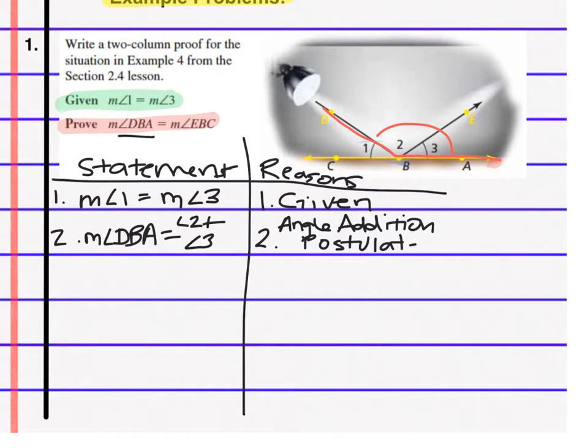So you may like the 2-column proof because there's only 2 columns instead of 3. Then let's see if we can write this another way. So I'm still talking about DBA, that big angle in red. Now instead of saying that it's angle 2 plus 3, because angle 3 is equal to angle 1, because that's given to us, I'm going to go ahead and change that.